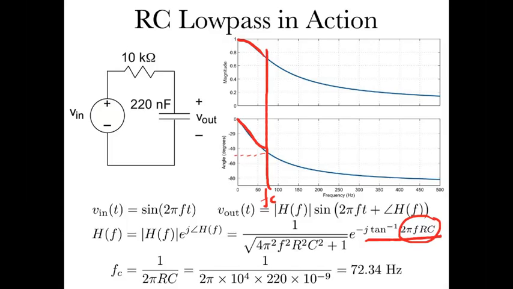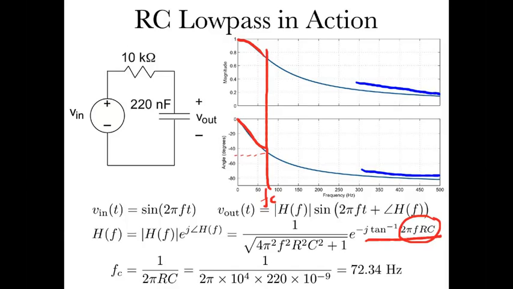On the other hand, if you go way beyond the cutoff frequency, the amplitude of the output will be going down and down, and the phase shift is headed toward minus 90 degrees, minus pi over 2.